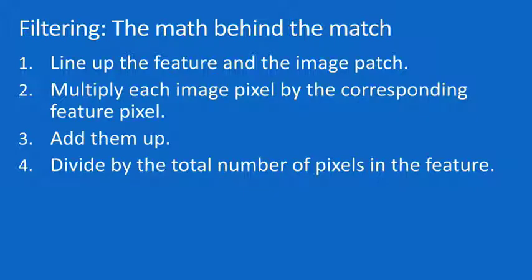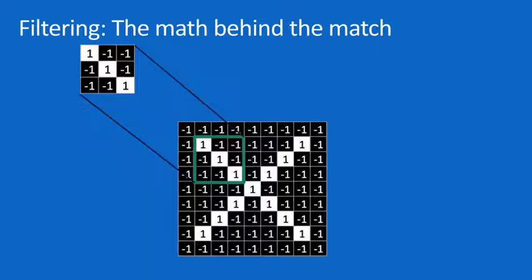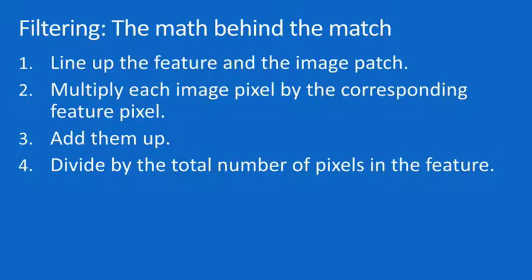In a 3 by 3 filter shown here, you will multiply each pixel of this 3 by 3 filter with the corresponding value of the overlap in our image. And so you will get some output as a result of this multiplication. Then we sum up all the output values in that resulting image, and in this example, we divide that value by the total number of pixels in the feature itself.